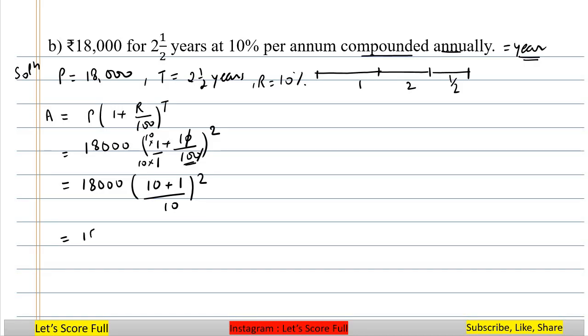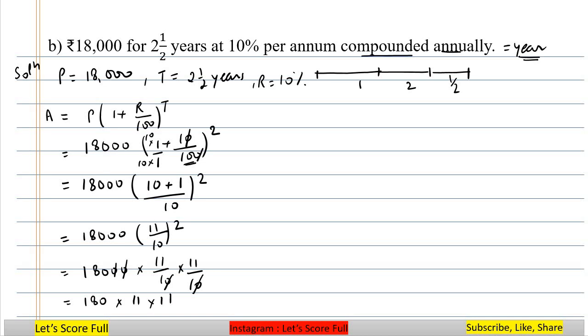From here 18,000 times 11 by 10 whole square, that means 11 by 10 written twice. 10 times 10 in the denominator, same in the numerator. So you have to multiply 180 into 11 into 11.